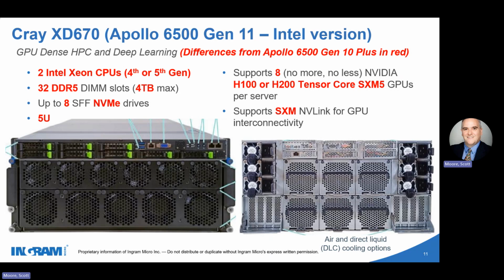Now, with the Apollo 6500, I could add however many GPUs I wanted, up to the limits I mentioned, 10 single wide or 8 dual wide GPUs. With the Cray XT 670, you are pretty much committing to doing high-end GPU support from the get-go.